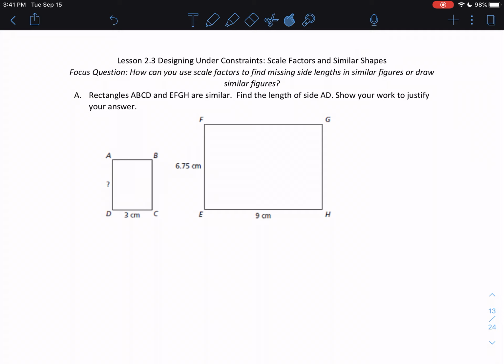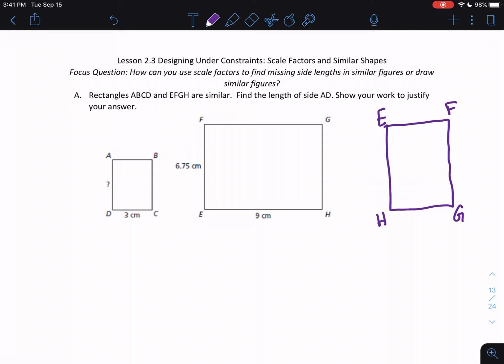So the very first thing I'm going to do is redraw rectangle EFGH so that it's in the same orientation. I just rotated it, so now E is in the upper left-hand corner.